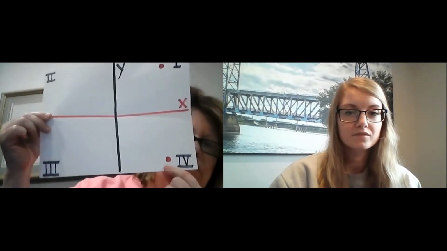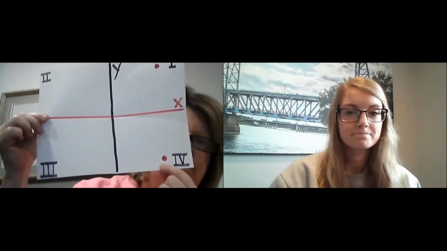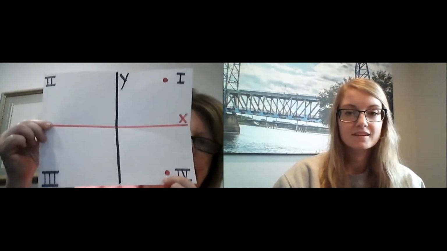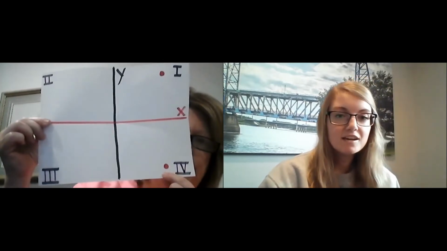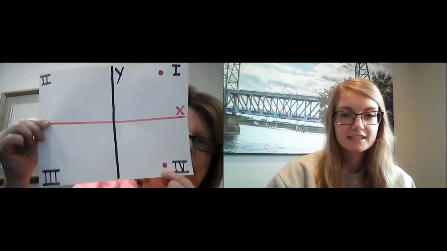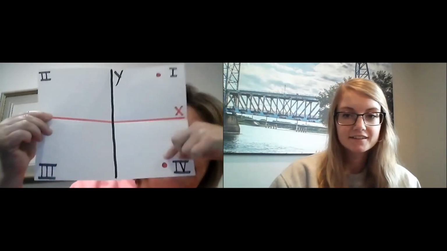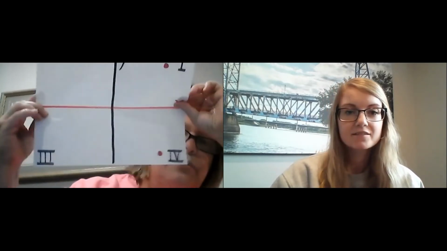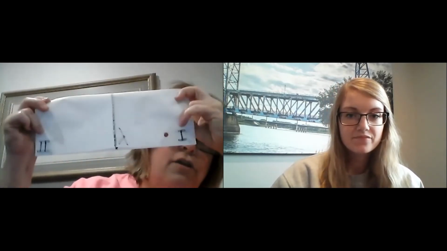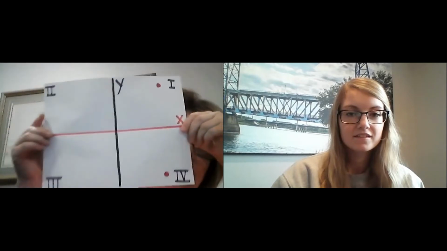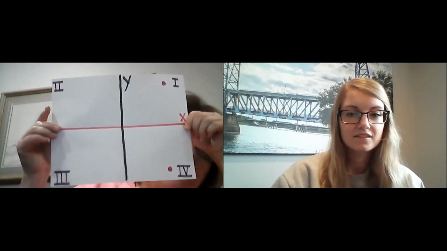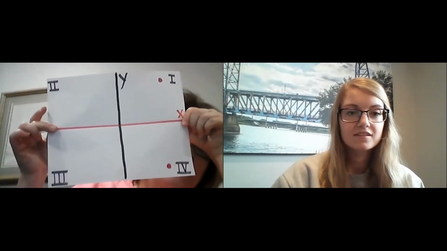Now, Mrs. Zimmerman, what quadrant did my reflected point end in? It ended in quadrant 4. Right. So it flipped this way. It's just a flip. So if I fold that over, it matches my point that I started with. It's just a flip, or we call it in math a reflection.